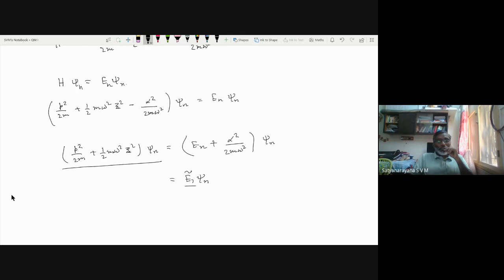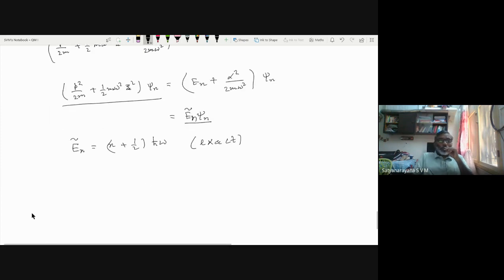So what is En tilde? En tilde, you will get it as n plus half into h cross omega. This is the exact energy level. So what will be your En? Your En is equal to n plus half into h bar omega minus alpha square by 2m omega square. Correct?